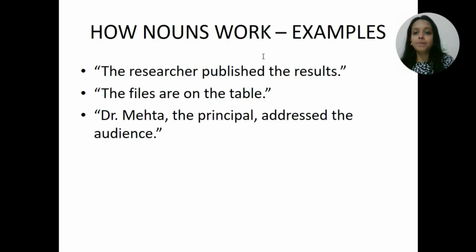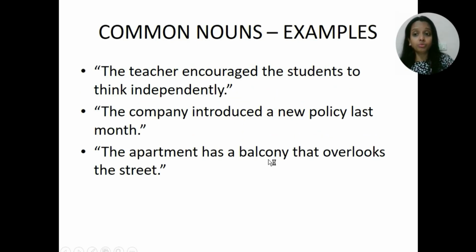Now, this is a part where students often memorize names of types and then immediately forget them. But I don't want you to do that. I want you to understand what each type means and why it matters. The first and foremost thing is common nouns. Yes, it's a general name for a person, place, thing, or category.